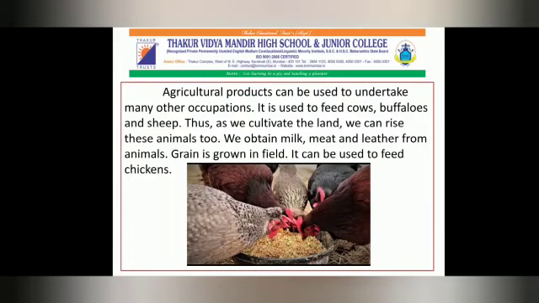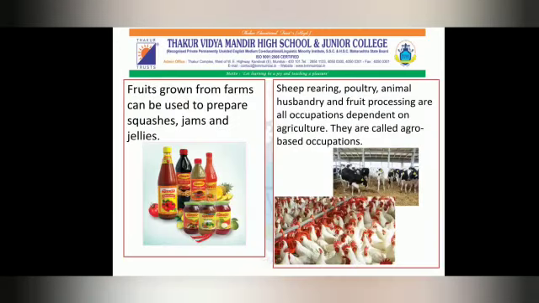It can be used to feed chickens. Fruits grown on the farm can be used to prepare squashes, jams, and jellies. Sheep rearing, poultry, animal husbandry, and food processing are all occupations dependent on agriculture. They are called agro-based occupations.